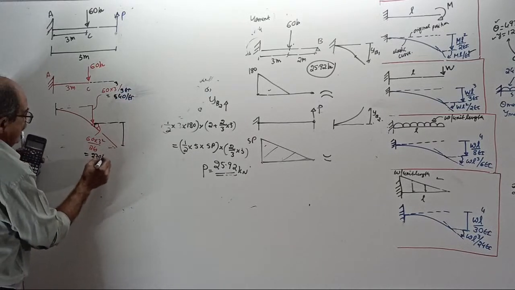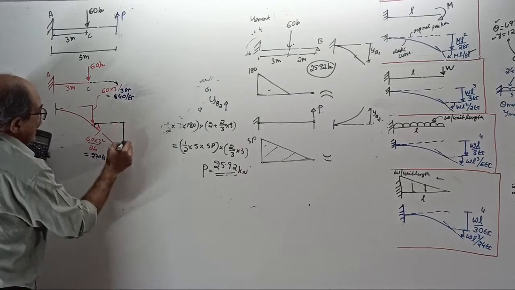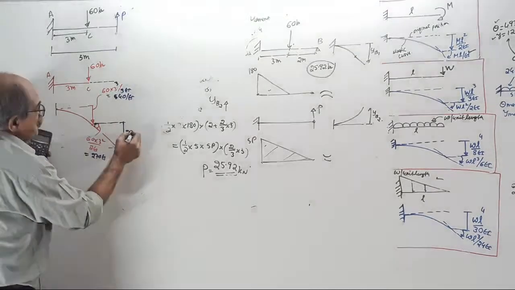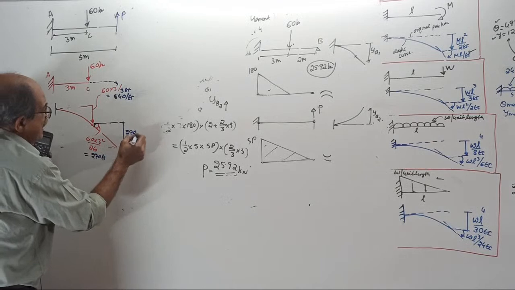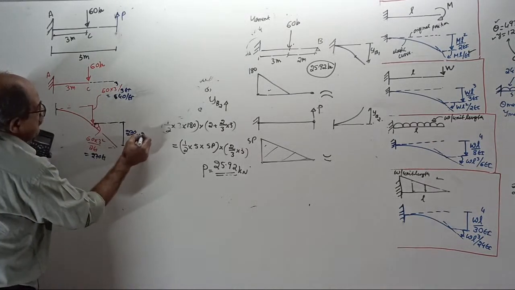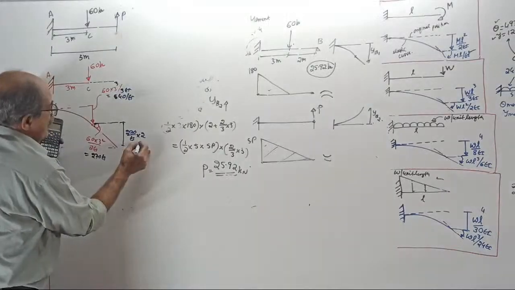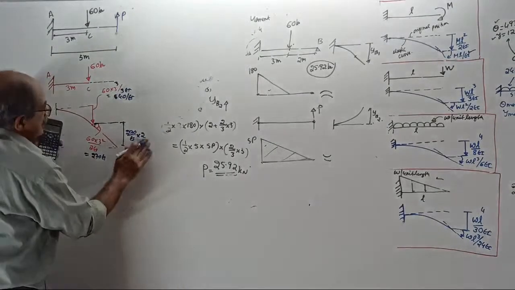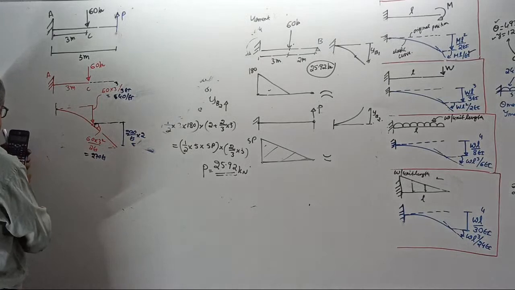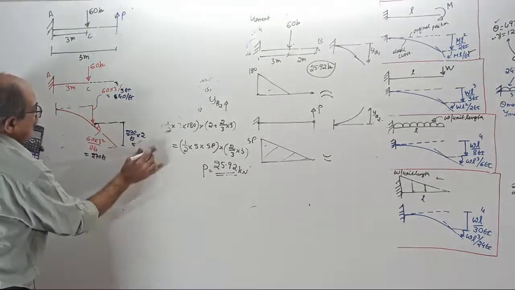That is 270 by EI, and the extra deflection equals 270 by EI into the subsequent length of 2 meter, which is 540 by EI.